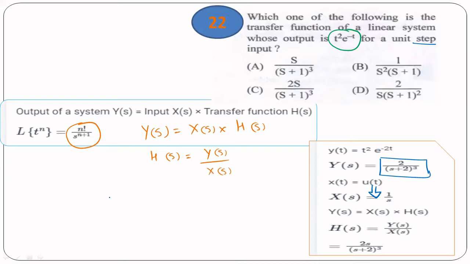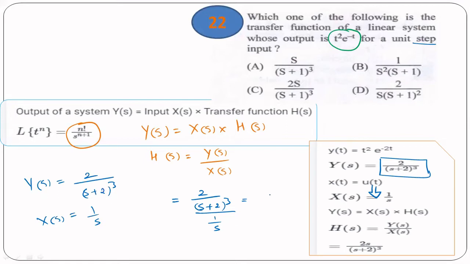Now we have y of s given as 2 divided by s plus 2 to the power 3, and x of s given in the form of 1 by s. Since we want to obtain h of s, it is 2 divided by s plus 2 to the power 3 divided by 1 over s.